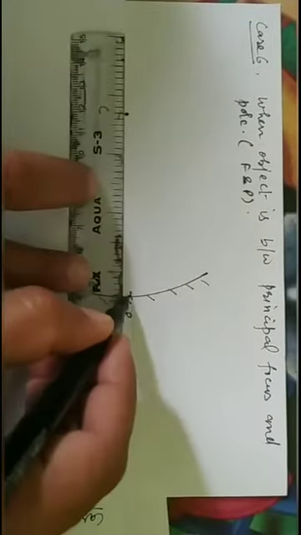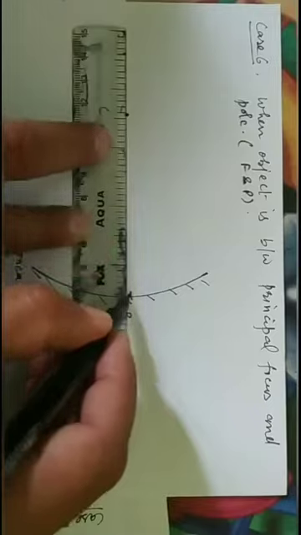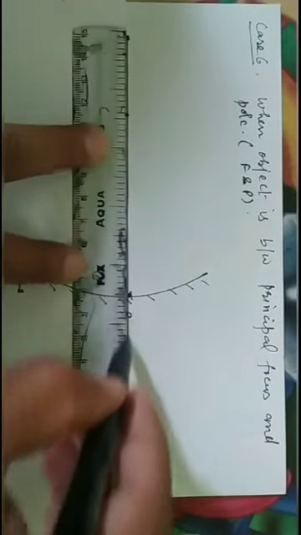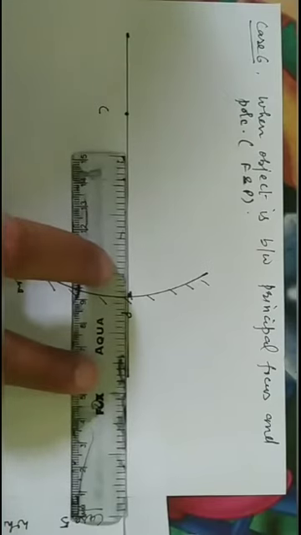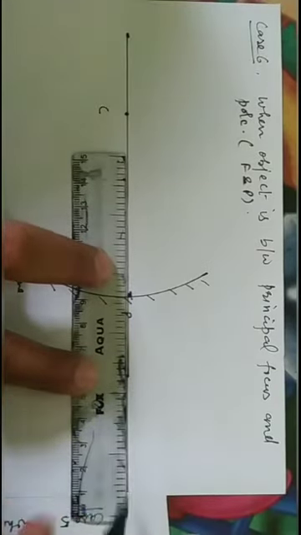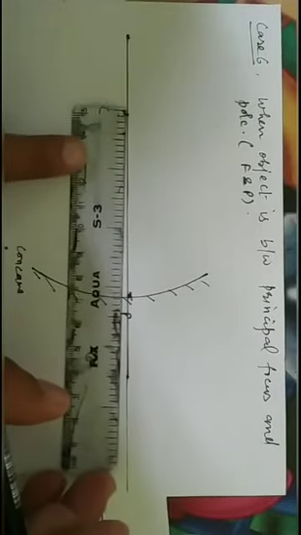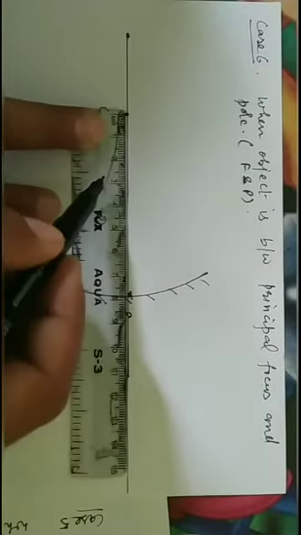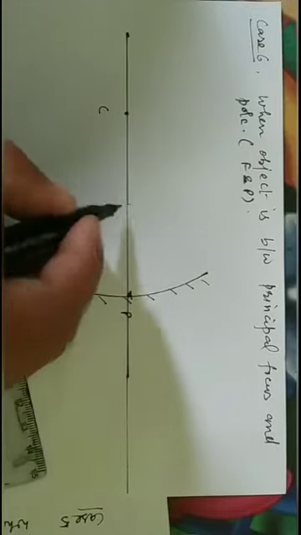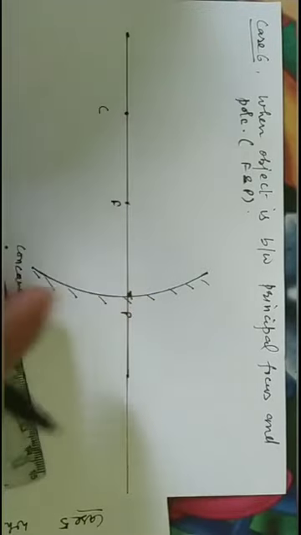A line that passes through the center and pole is known as the principal axis, extended in both directions. Now the midpoint of C and P is known as the principal focus.